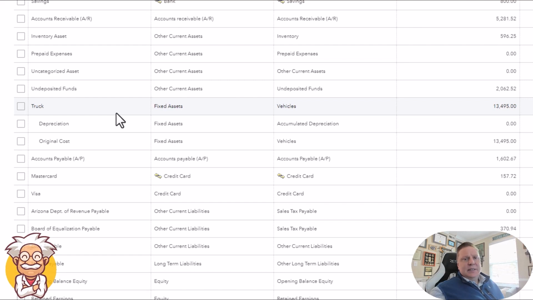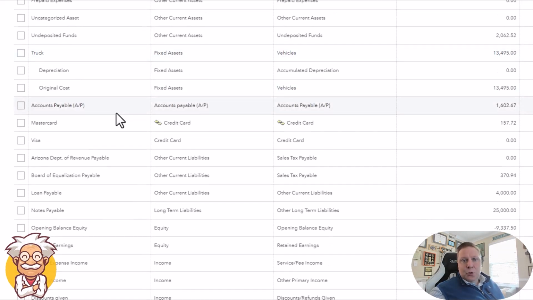So fixed assets can be vehicles, they can be office equipment, computers, furniture, they can even be improvements to, say, your leased facilities, or they can be building improvements or purchases of building. So that's going to show up here in your fixed assets. Now, if you have something beyond that, you could have what they call long-term assets, which you can create down here.